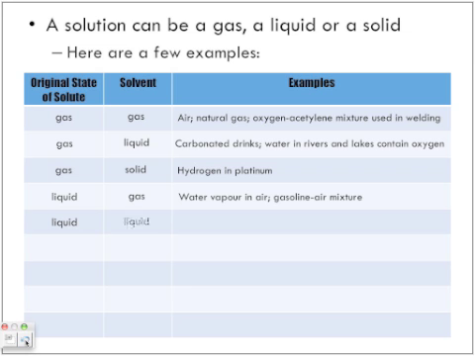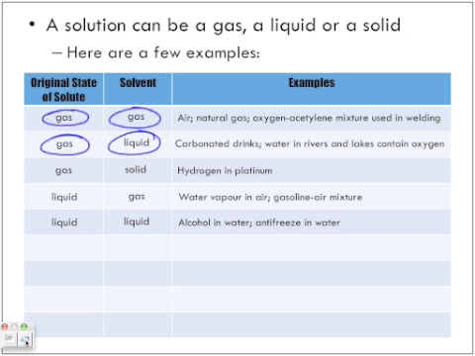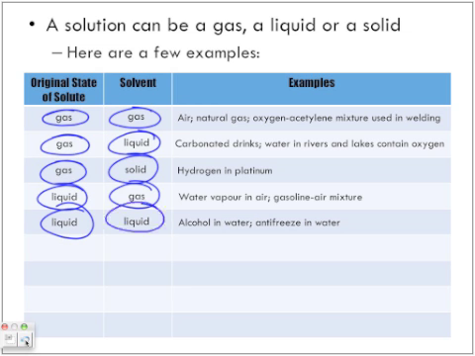We have liquid dissolving in another liquid, alcohol in water, antifreeze in water. These are just a few examples. And notice how we've got each one of the states of matter. We've got gas in a gas, gas in a liquid, gas in a solid. So we're looking at liquid in a gas, liquid in a liquid, and now liquid in a solid, as we find in amalgams such as mercury and silver.